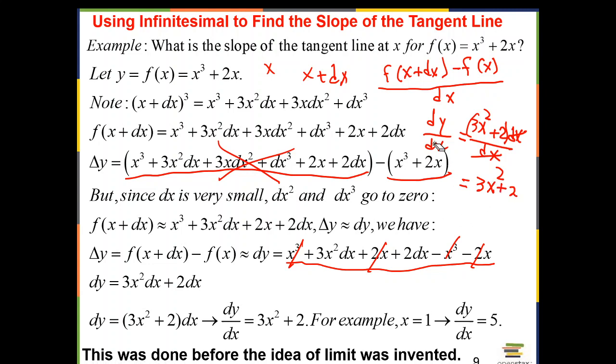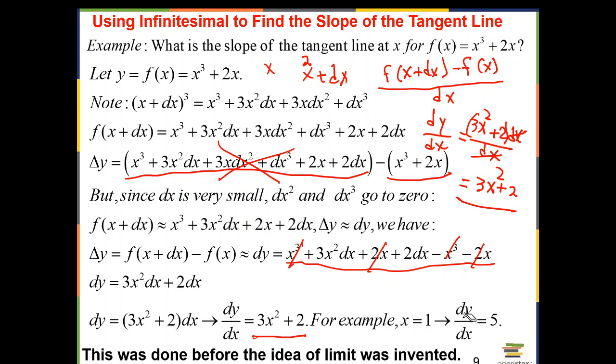So what they said was that if we assume that dx is really, really small, and then we do this cancellation, we end up with the slope of the tangent line at that point. So whatever that point is, let's say this point is 2, then we're going to put 2 here. 3 times 2 squared plus 2 would be the slope of the tangent line. Let's say x is 1.